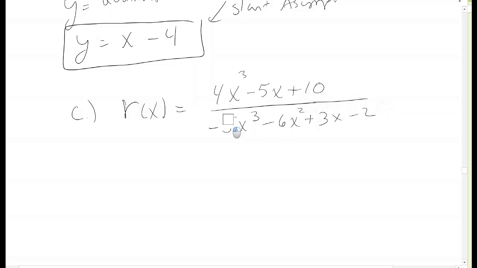Alright, so I've got my numerator, which is 4x cubed minus 5x plus 10. My denominator, which is -5x cubed minus 6x squared plus 3x minus 2. And so this is the last case where the degree in my numerator is the same as the denominator, both degrees are 3.